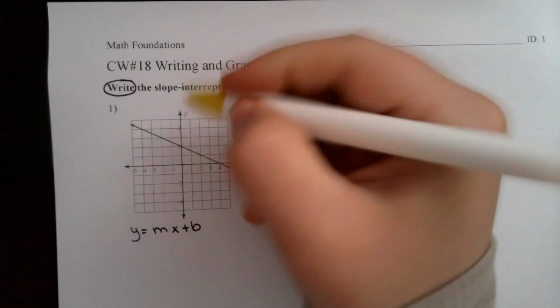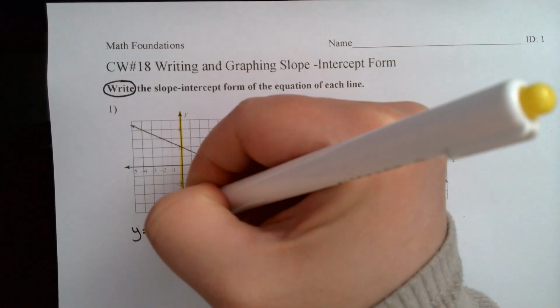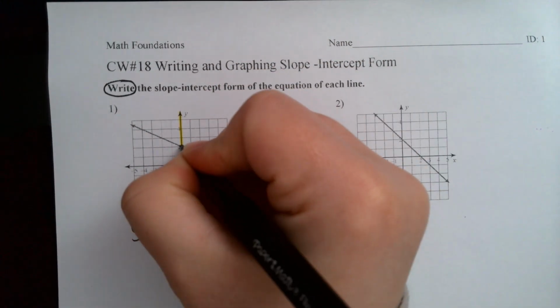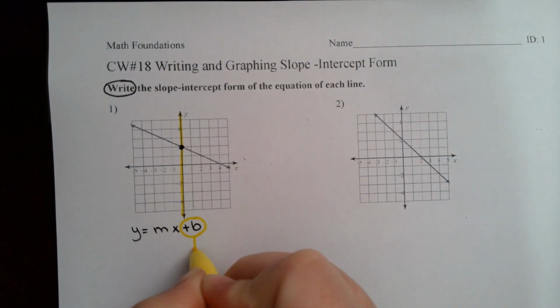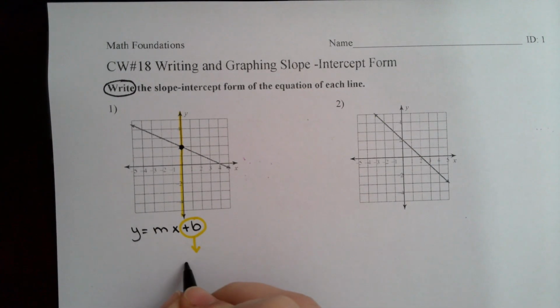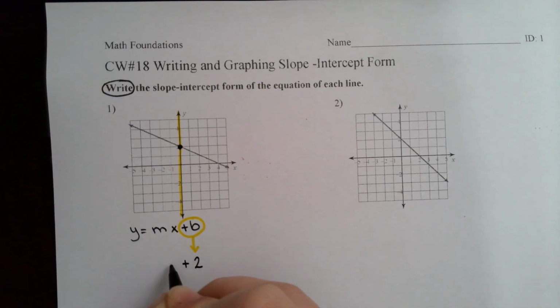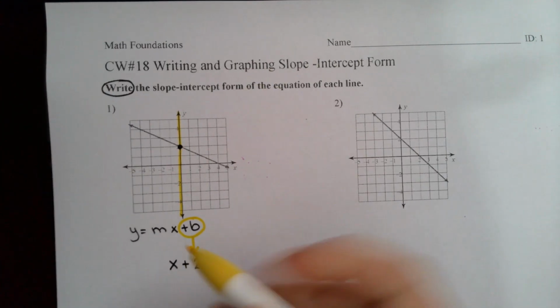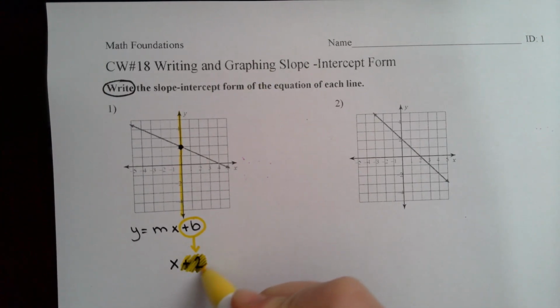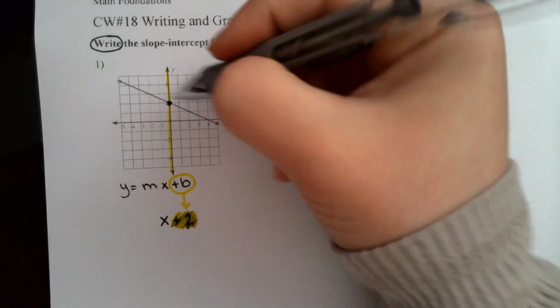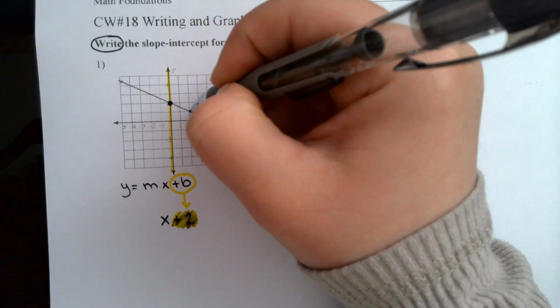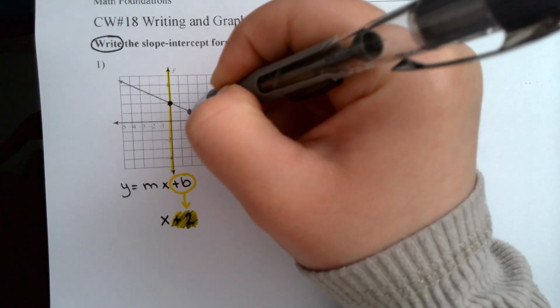We're going to find our starting point. Here's our start. That means my b value is starting at a positive 2. I'm going to keep my x. And now we just need to find slope. Again, find your pretty point. Oh, here's a pretty point here.